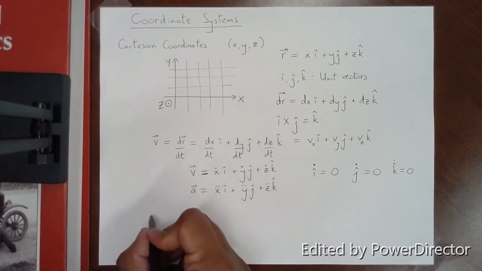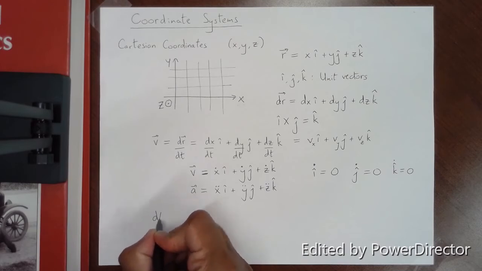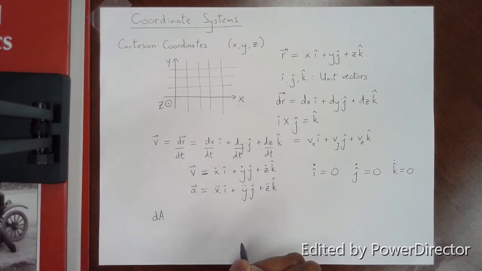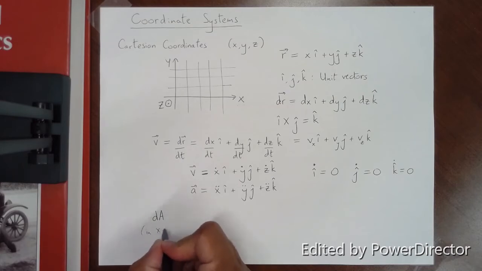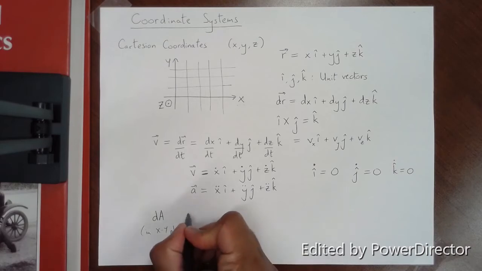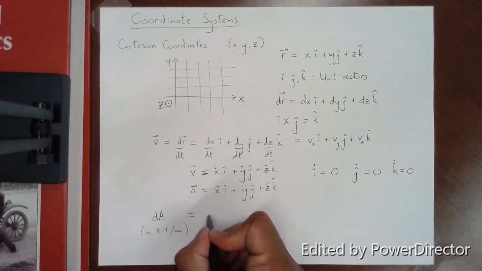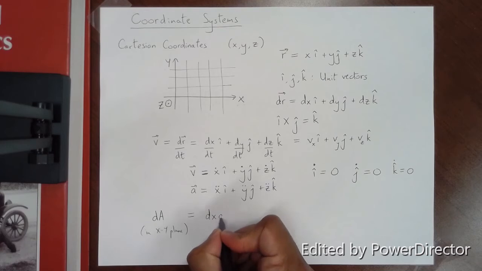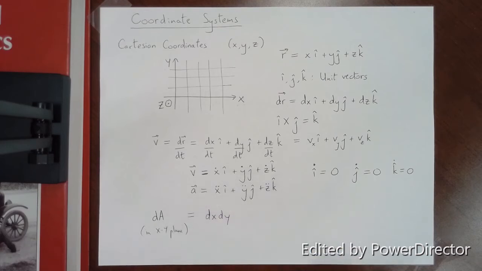Finally, we note that the infinitesimal area dA, let's say in the xy plane, can be gotten by dx times dy.